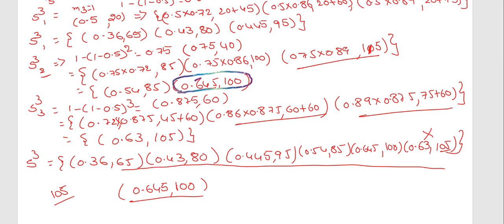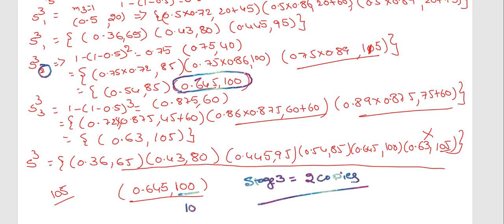That means stage 3 contains how many copies? 2 copies. This is the point you have to observe. Stage 3 contains 2 copies. Now, what is the cost here? The cost is 100.